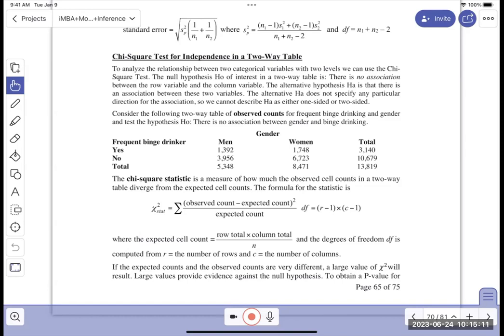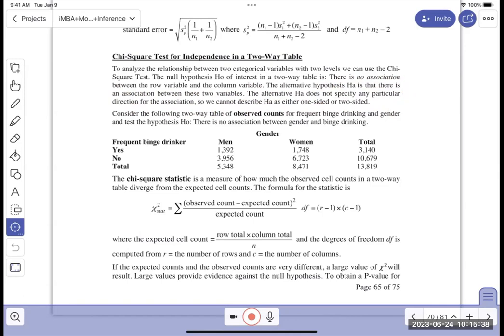So again, the null hypothesis is no difference or nothing happening, right? Nothing surprising, nothing new. There is no association between the row variable and the column variable. The alternative hypothesis is that there is an association between the two variables. So the alternative, HA, does not specify any particular direction for the association, so we cannot describe HA as one-sided or two-sided. This makes it even easier.